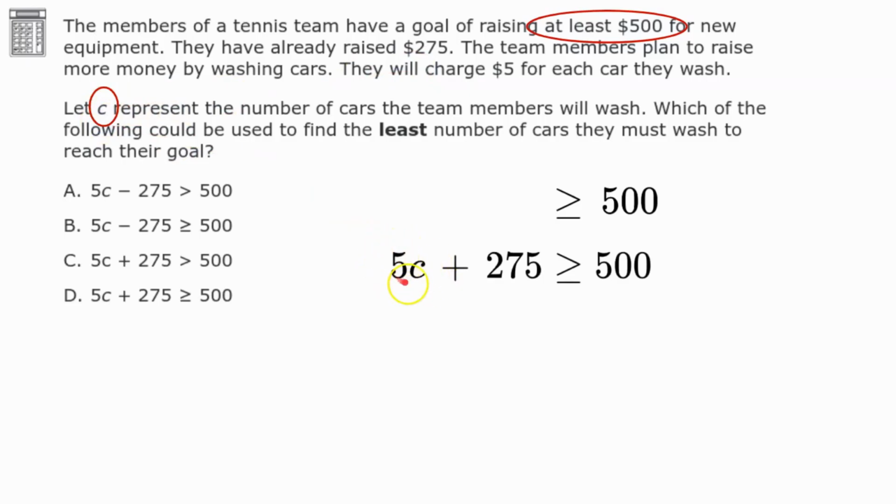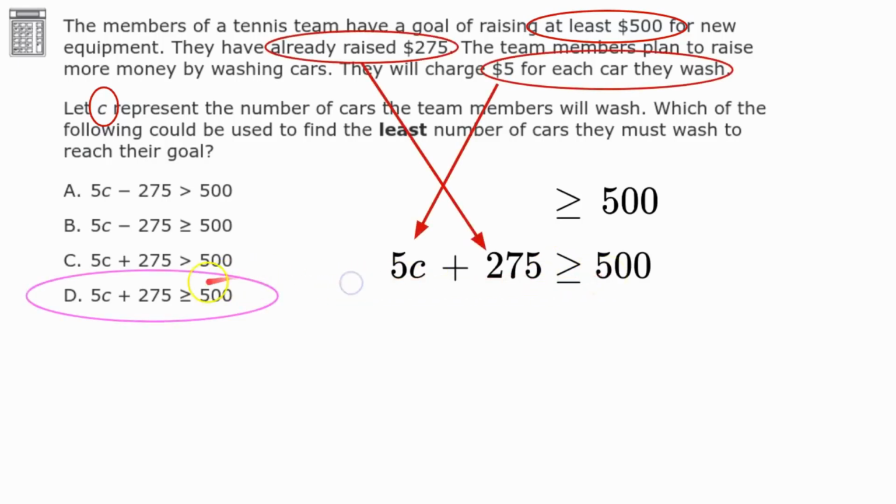So 5 times the number of cars, plus I've already raised $275. Together, $5 times the number of cars I wash, plus the $275 I already have, together needs to be greater than or equal to 500. So I go over and I look at my choices, and it matches choice D.